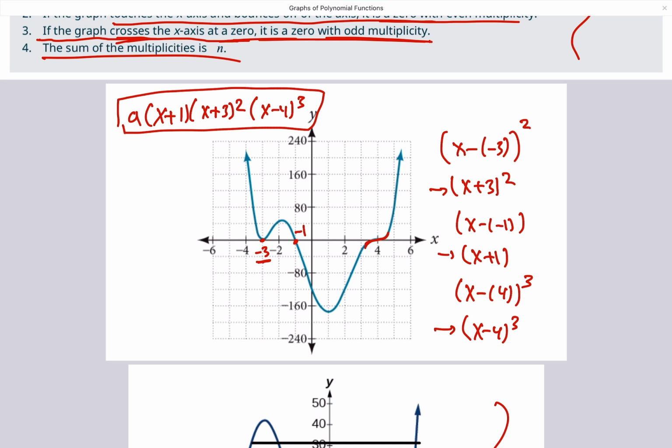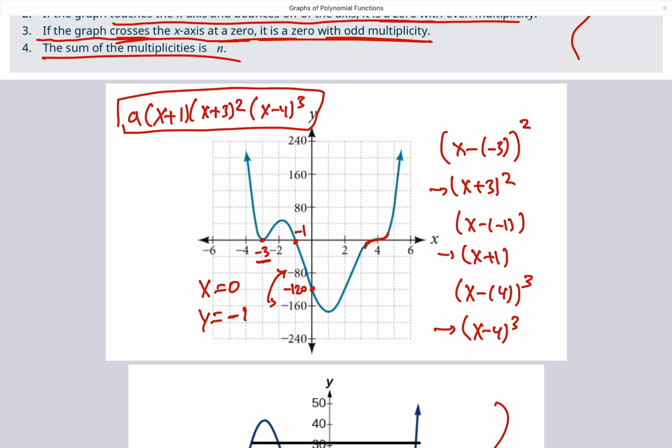You solve it by plugging in a number. You can take this number, let's say. When x equals 0, y equals negative... Okay, so this is like -120.